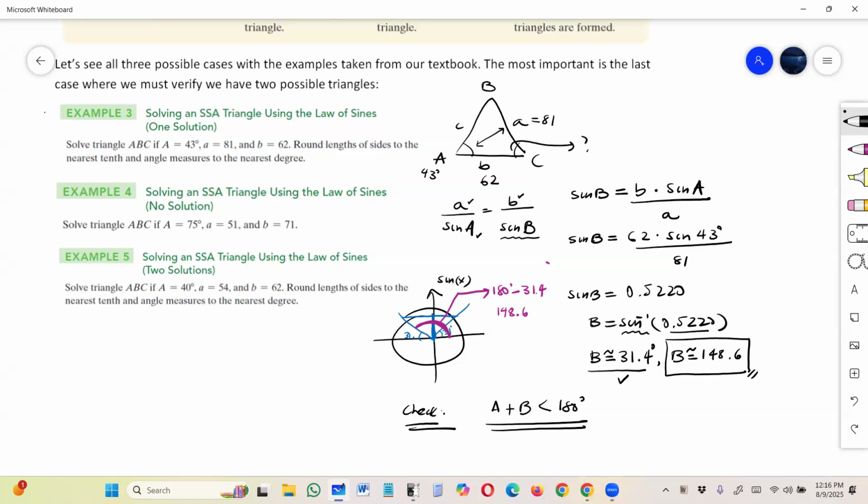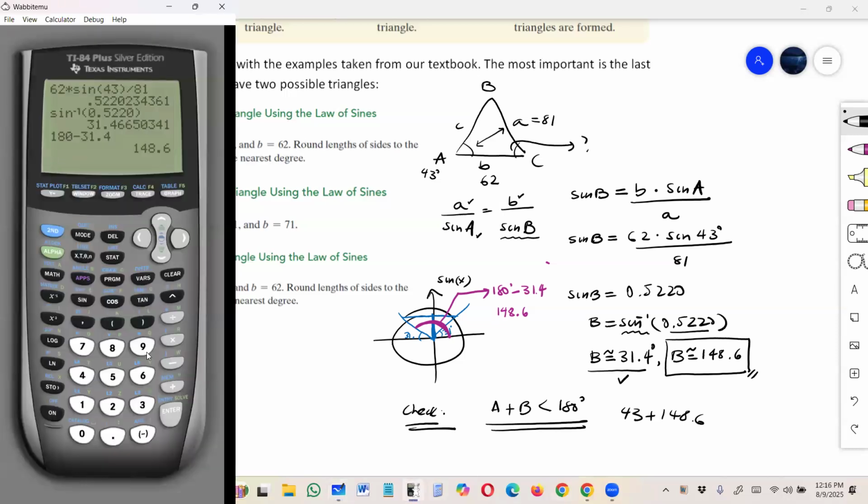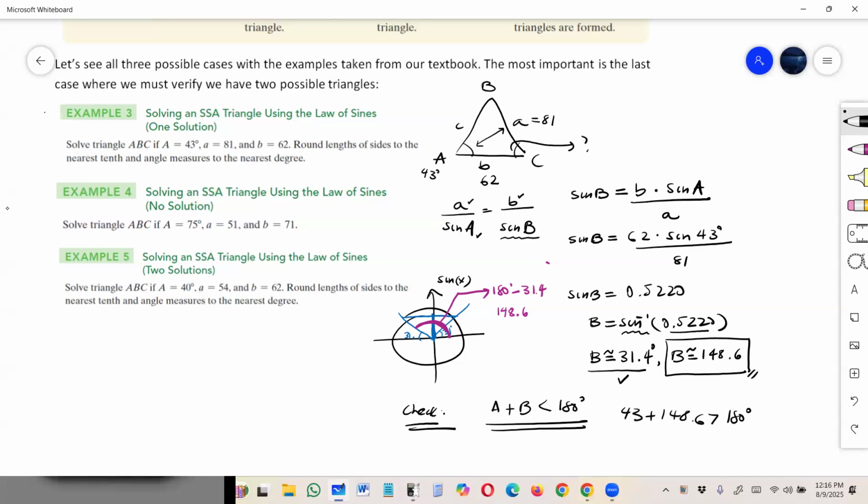So my angle A is 43. My angle B is 148.6. Now let's add and see what that is. 148.6 plus 43. Notice it is obviously bigger than 180 degrees, so greater than 180 degrees.